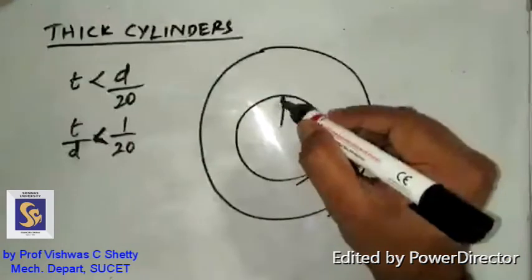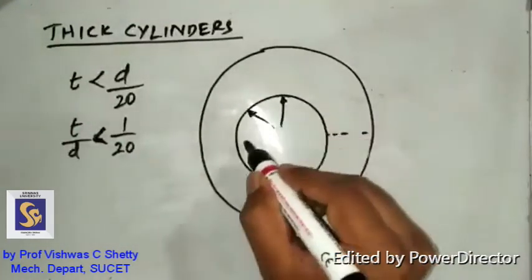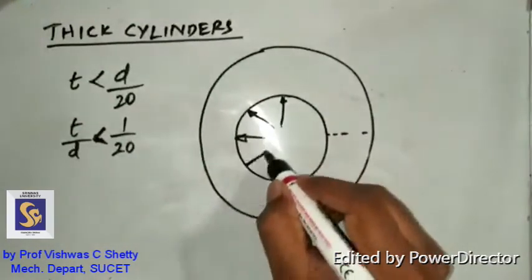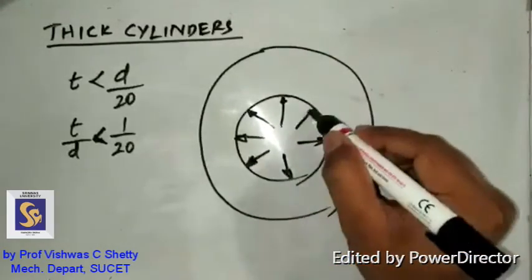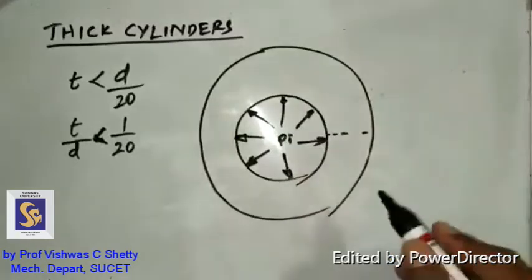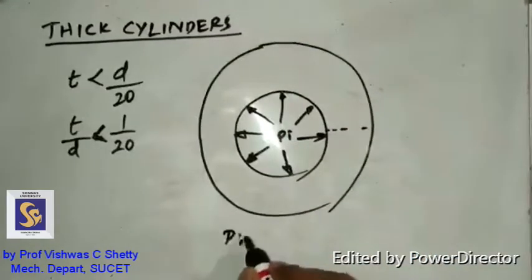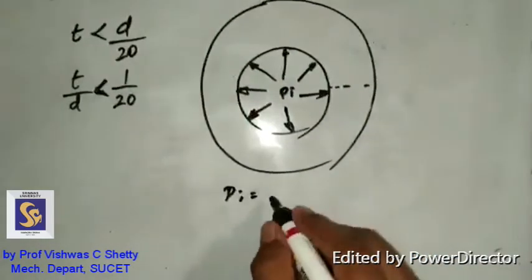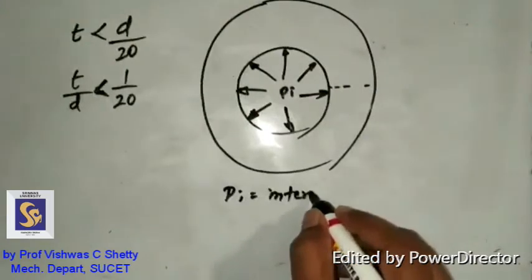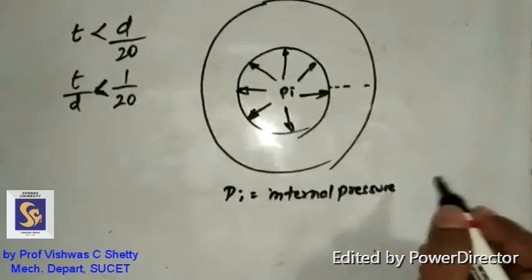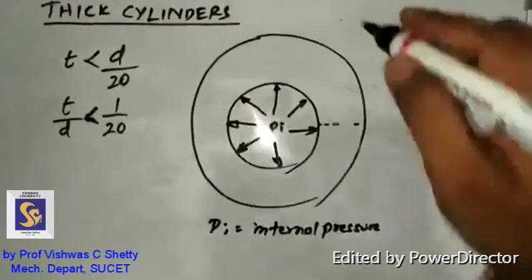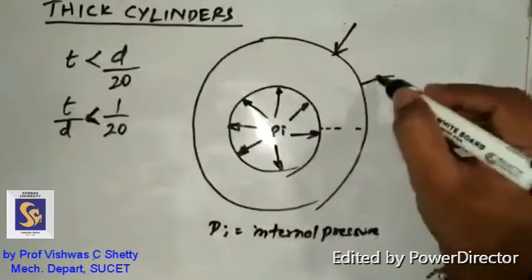These are the stresses inside the cylinder due to the pressure of the fluid. Take Pi as the internal pressure.